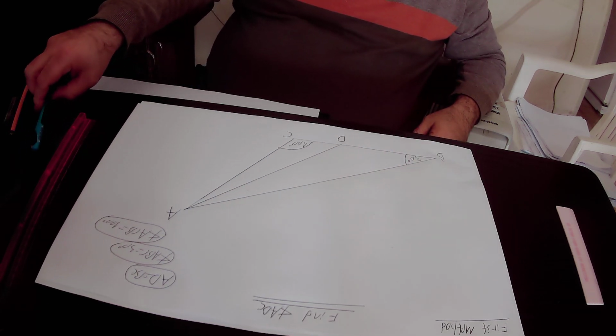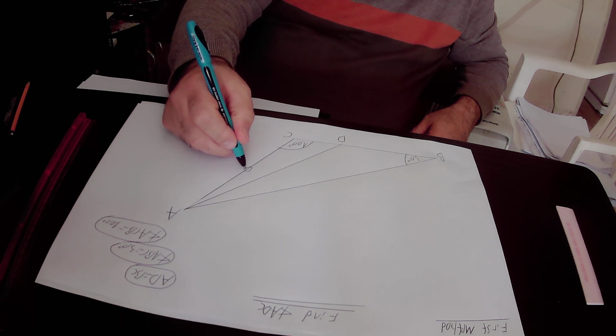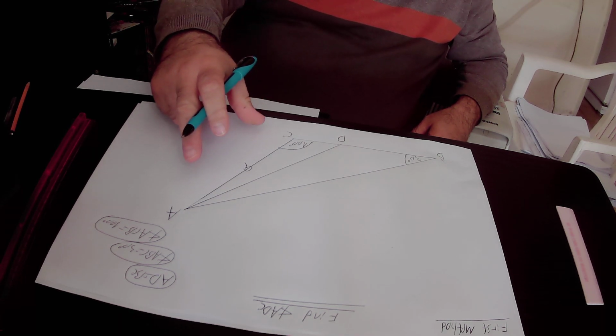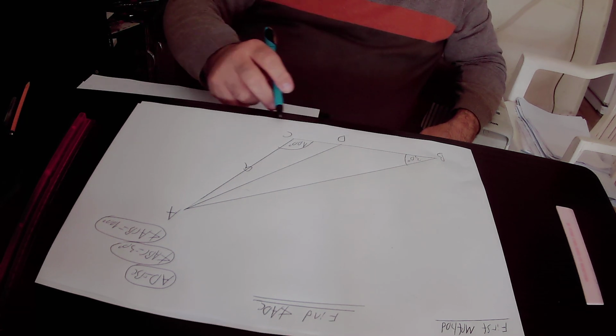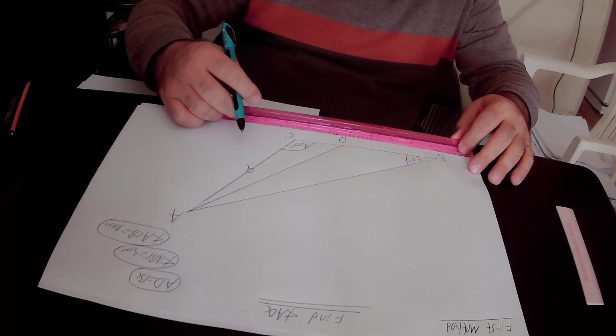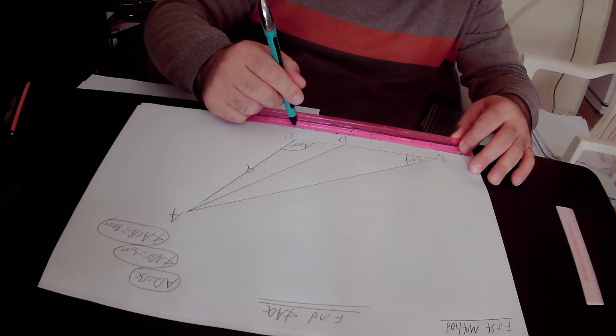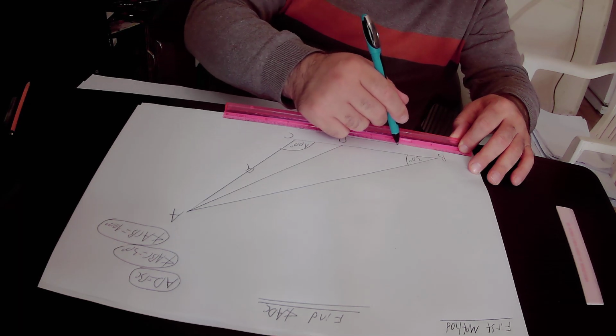We will define side AC as A, that is to say the length of side AC is A units, and we will define side BC as B. That is to say, the length of side BC is equal to B units.